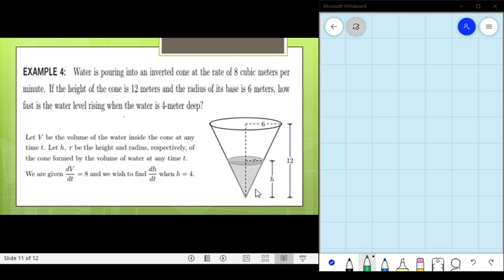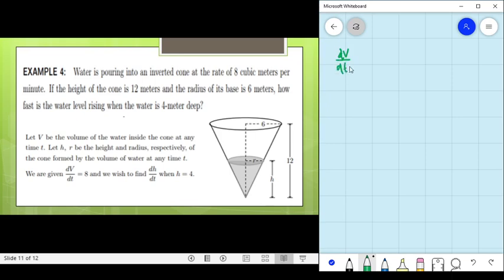So from here, we are given that the derivative of V with respect to time is 8 cubic meters per minute. The volume is increasing because it is pouring, so the derivative of V with respect to time is positive 8. And the derivative of h with respect to time is unknown, and the height is 4.